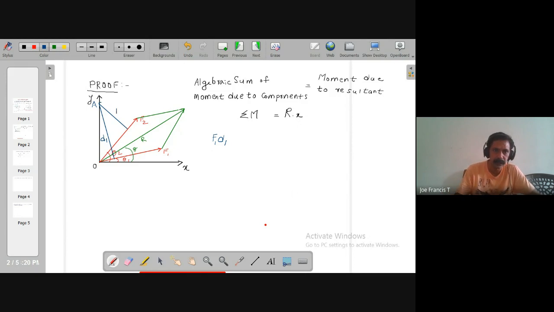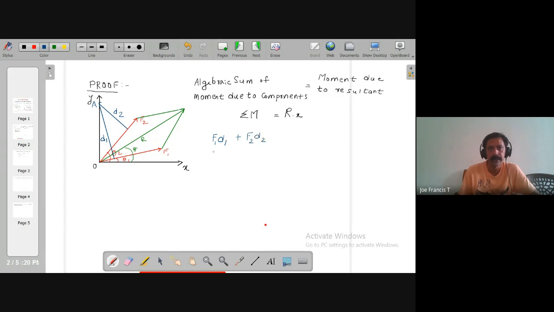So this is d2. Moment due to the force F2 at A is given by F2 d2. Again, this force is going to produce an anti-clockwise moment. So this will be F1 d1 plus F2 d2.